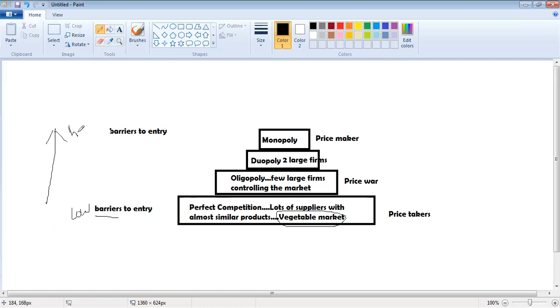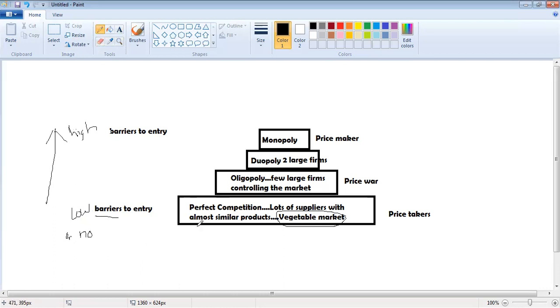So low barriers to entry means barrier means something that blocks you, that stops you, right? When you are in perfect competition, no one is going to stop you. There is low or in some markets zero barrier to entry.